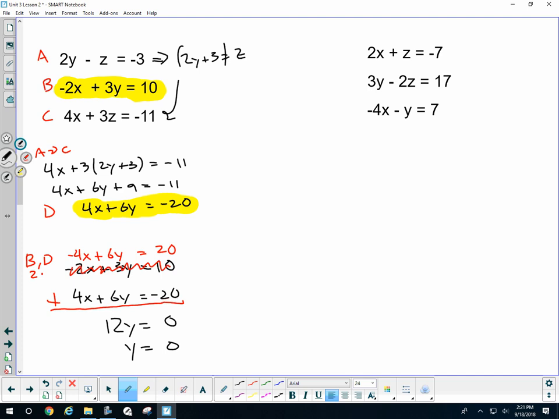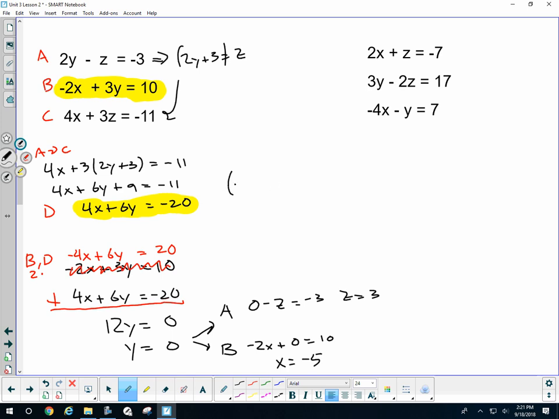I can only plug in y is equal to 0 for equations that have y in them. So if I decided to plug this into equation A, I'd get 0 minus z is equal to negative 3. Well, that gives me that z is equal to positive 3. If I plug y equals 0 into B, I'd get negative 2x plus 0 equals 10. x is equal to negative 5.